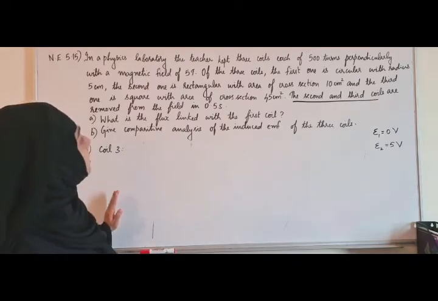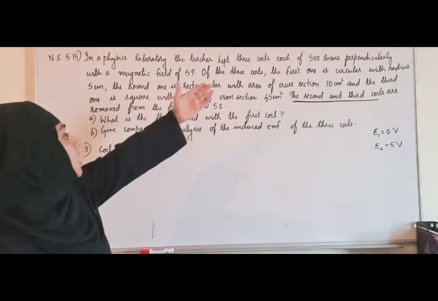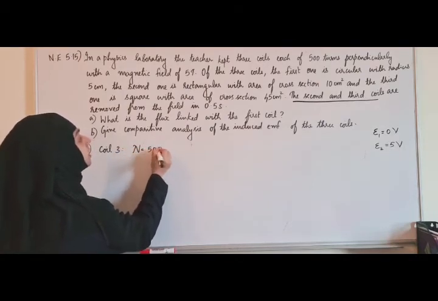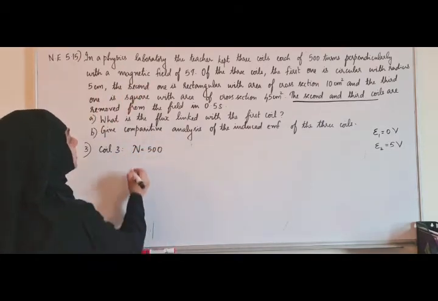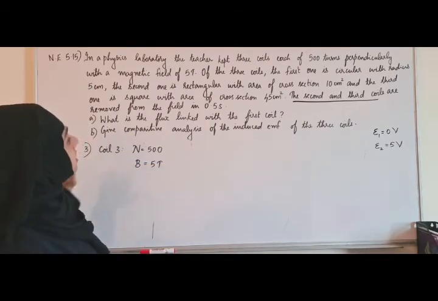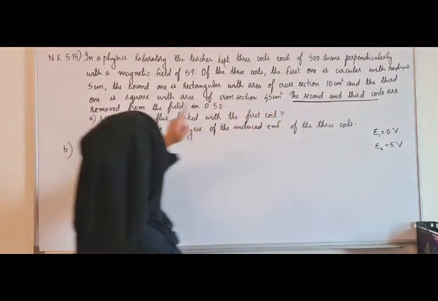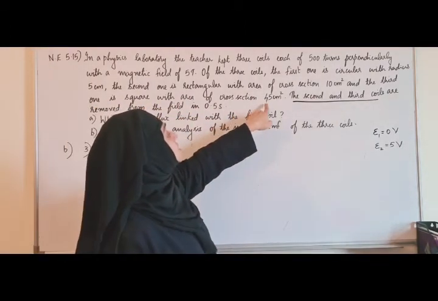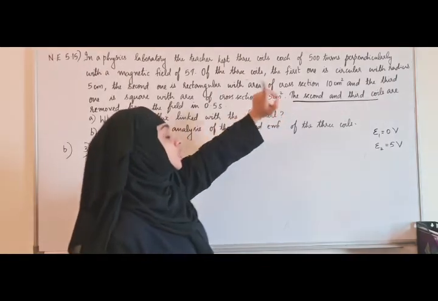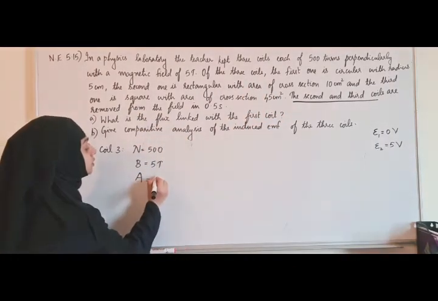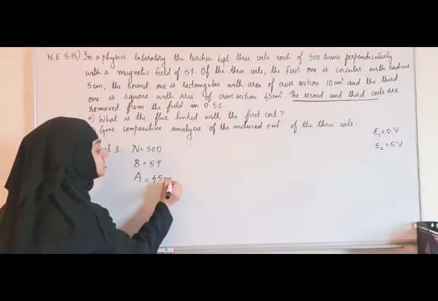For coil 3, we have the same number of turns, N is equal to 500, and we have the same magnetic field, B is equal to 5 Tesla, and the third one is square with area of cross section 45 centimeters square. So, they have given the area of cross section A is equal to 45 centimeters square.